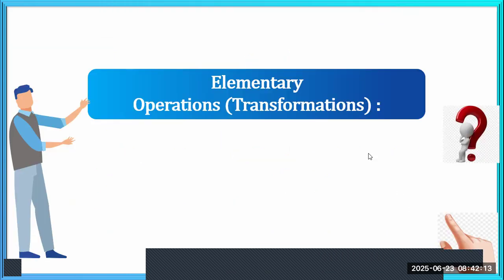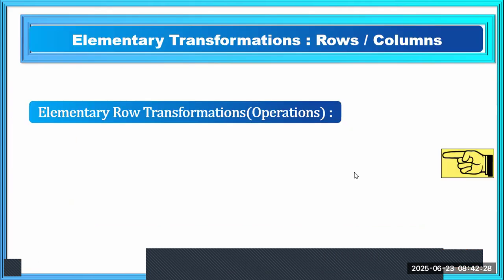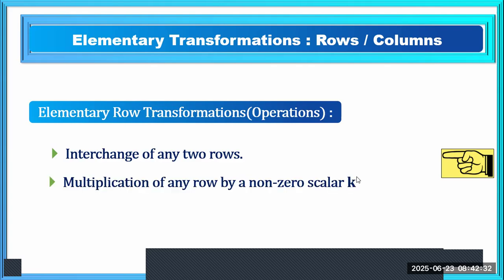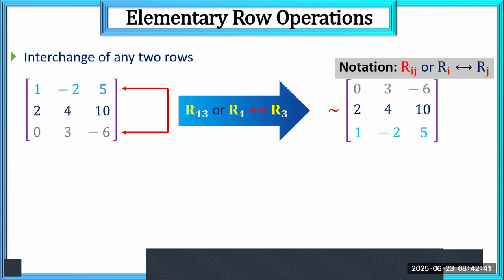Next, moving on to the elementary operations, or elementary transformations. There are two types: elementary row transformations and elementary column transformations. For elementary transformations, row and column, you can interchange any two rows, multiply any row by a non-zero scalar, or add a multiple of one row to another. Similarly for elementary row operations, I'm going to show it like this.